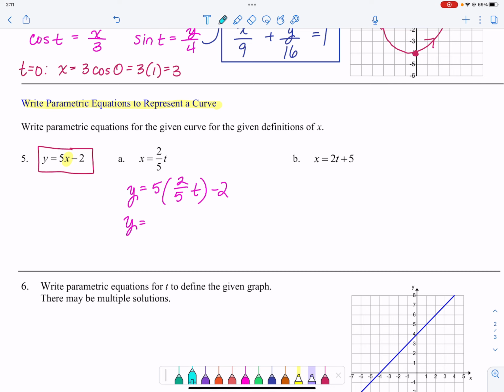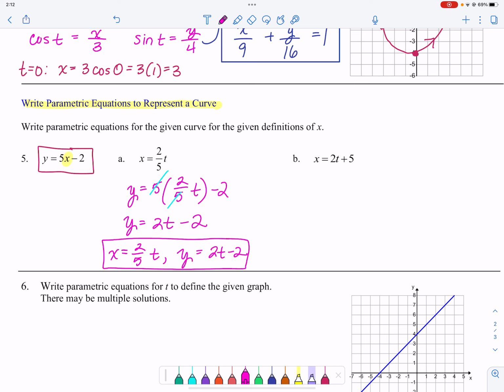And of course those 5's cancel. And we will have 2t minus 2. So now we could say that x equals 2/5 t and y equals 2t minus 2. And here are our parametric equations.